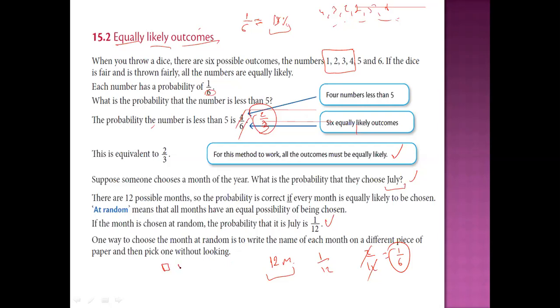So separate 12 pieces of paper, write the names of the months, and pick one without looking. The probability is 1 over 12 because we have 12 months.